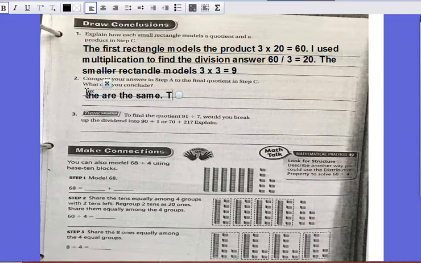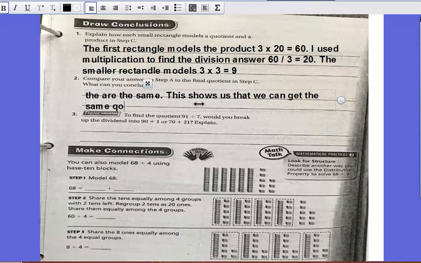So this shows us that we can get the same quotient by breaking up the dividend into parts.